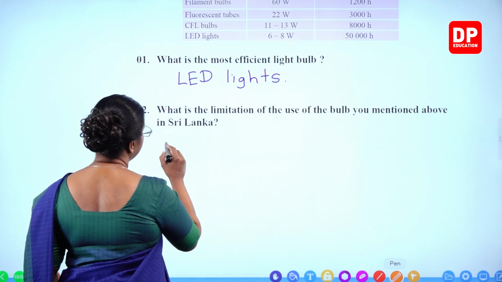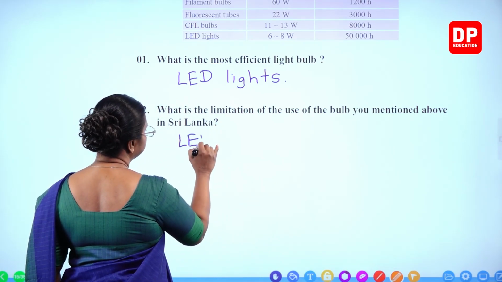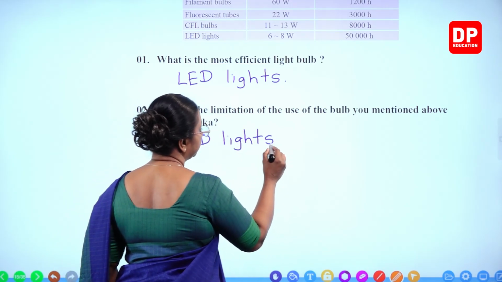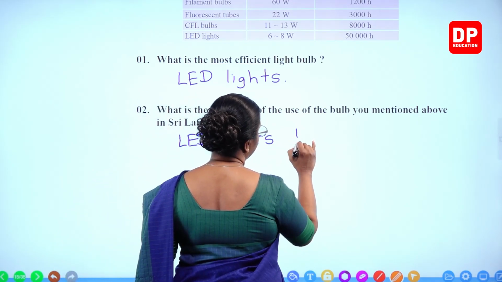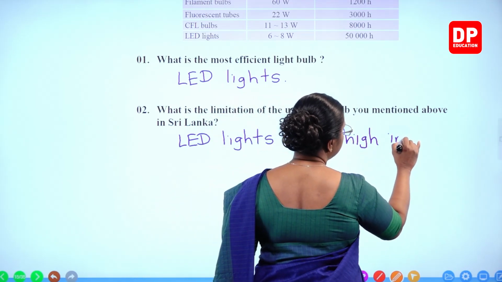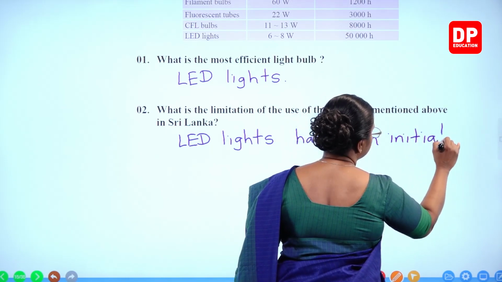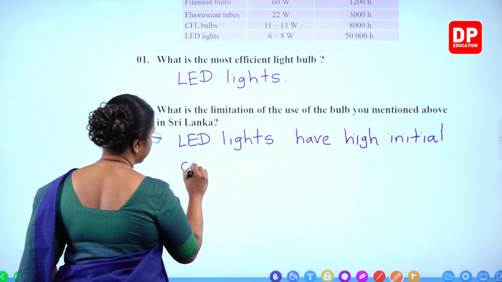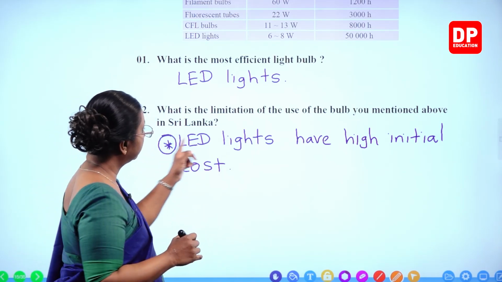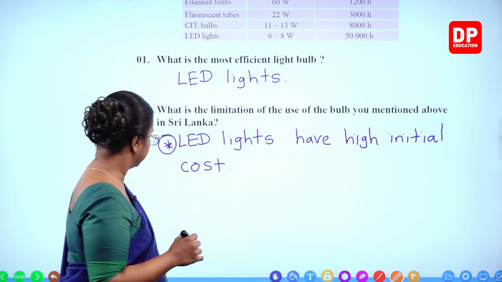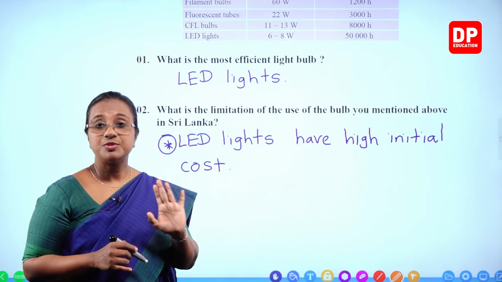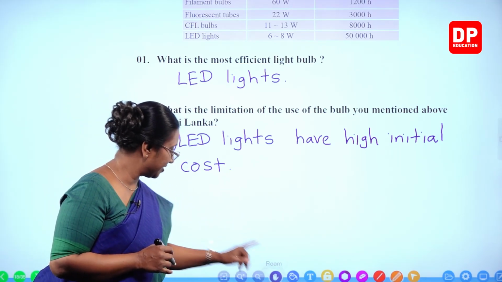So you have to say LED bulbs or LED lights have high initial cost. So that is the reason why the usage is limited. LED lights have high initial cost. So I am sure you can understand that, students.